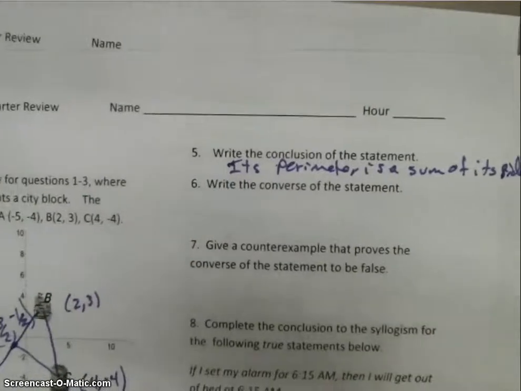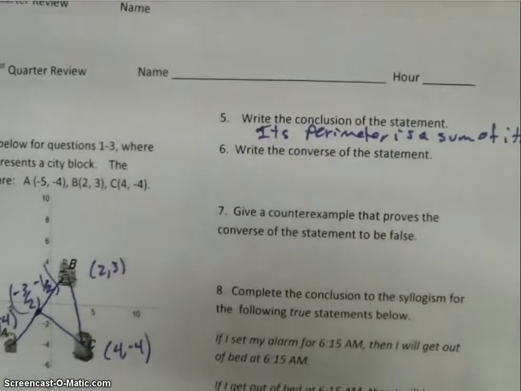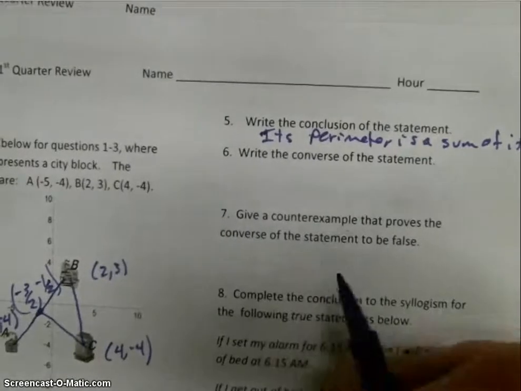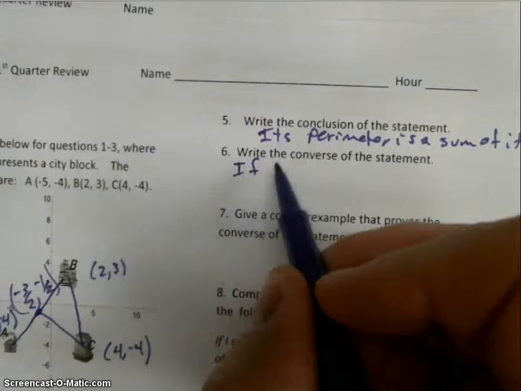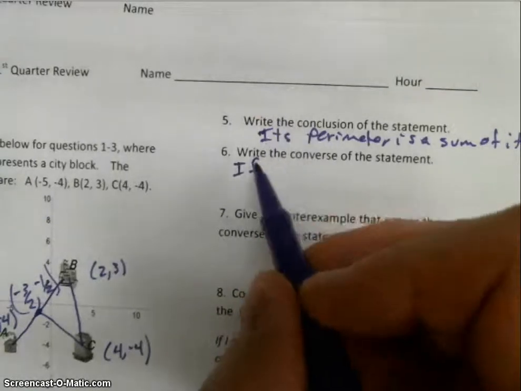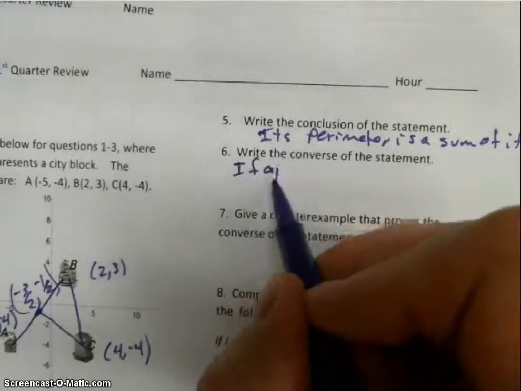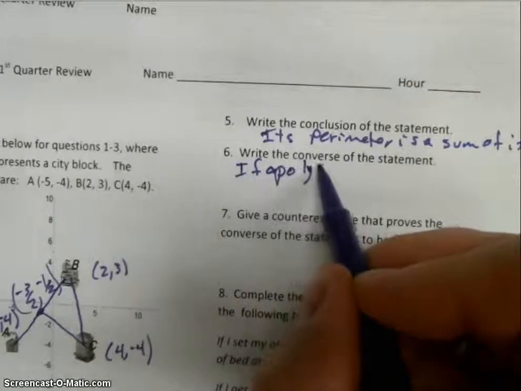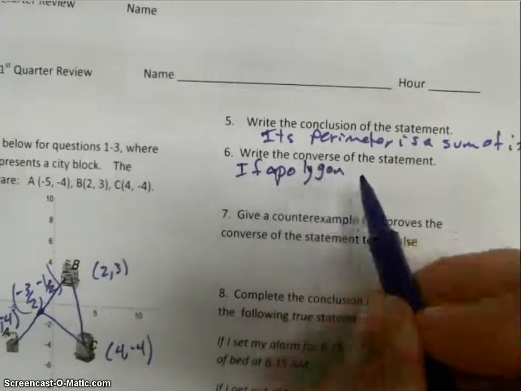The converse, remember the converse is just taking the then and making it the if, and vice versa. So we're going to say if a polygon, can't write its because you have to have the noun before the pronoun.